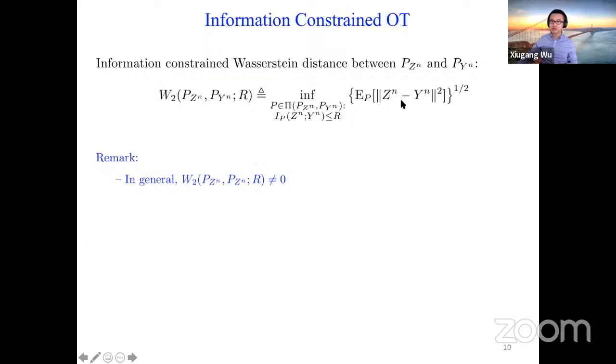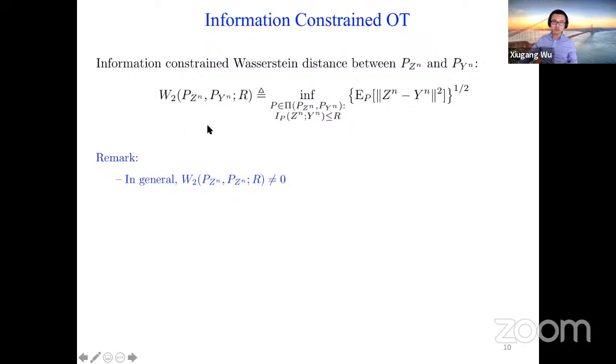Why? Because if this is 0, then very roughly speaking Zn has to be equal to Yn. But if Zn equals Yn, this mutual information will blow up to infinity, which means this quantity is, strictly speaking, not a distance metric anymore, because of the so-called coincidence axiom that any distance metric has to satisfy.